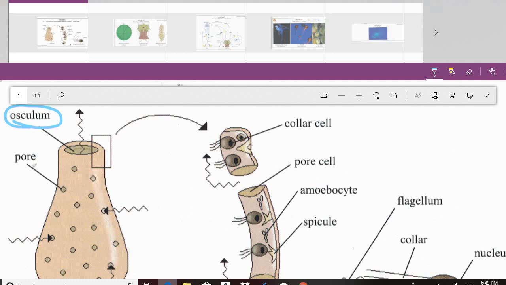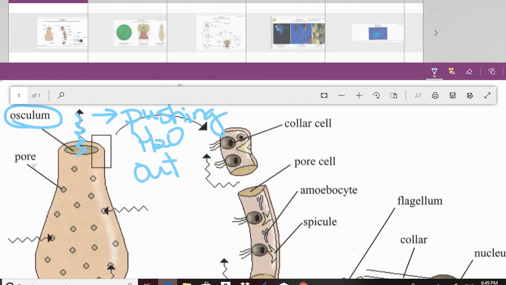And it is a large opening through which water is pushed out. So you can see that this arrow indicates that water is exiting. If the water could not be pushed out, then the organism would continue to swell with water. So the osculum is important for pushing water back out of the sponge.